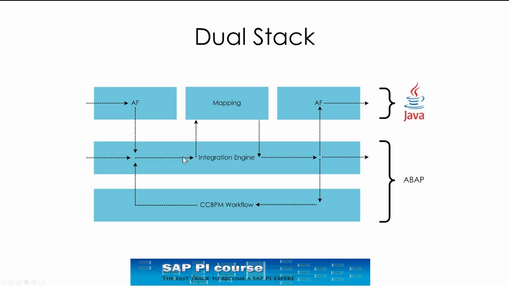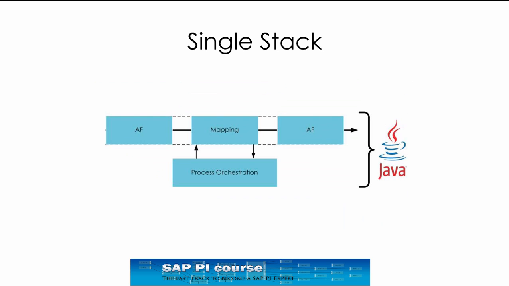We'd need to save it before we send it to the mapping. We needed to save it after we got the mapping, and before we put it in the adapter, we needed to save it up here. And that was a lot of saving points and a lot of extra data and transmission of data between the two systems, and that just created a lot of extra load.